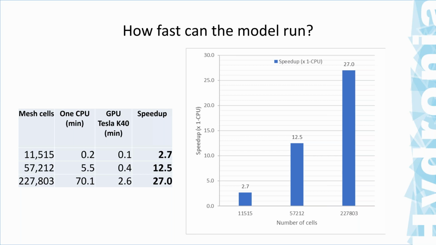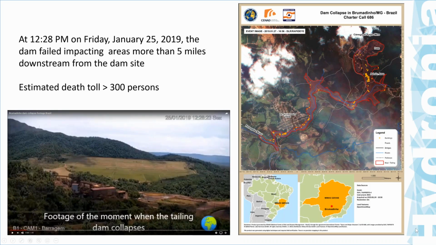As you can see here in the test we did with the Tesla K40, the speedup that we get for this particular USGS test is very, very high. It's 27 times faster.